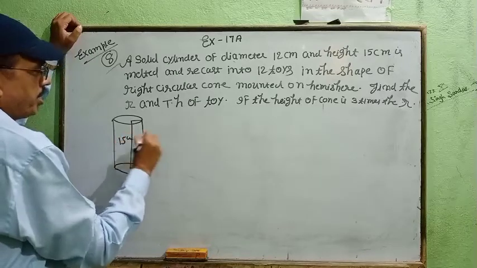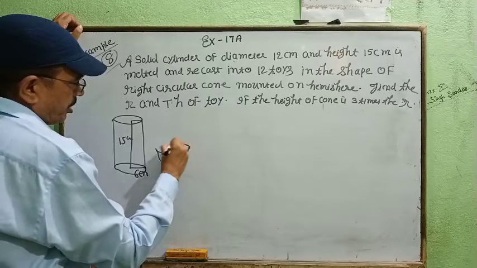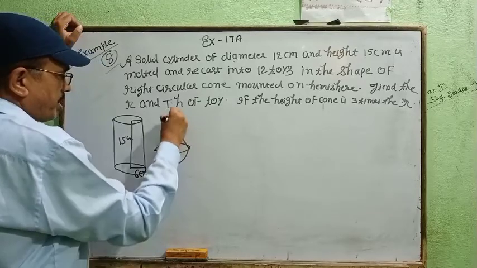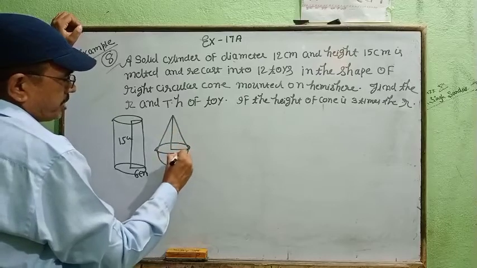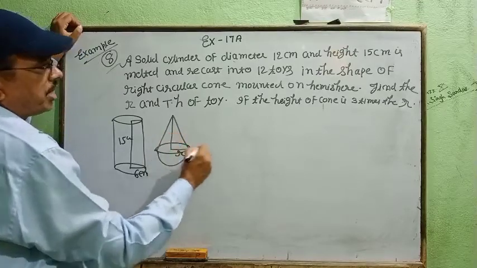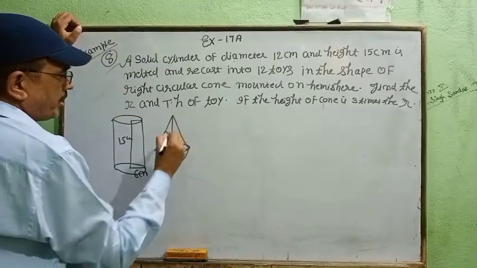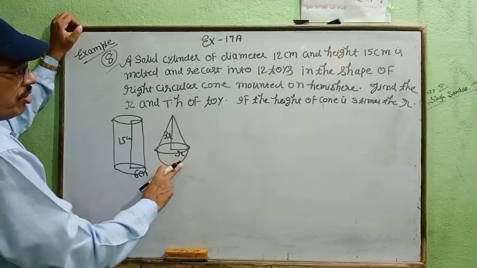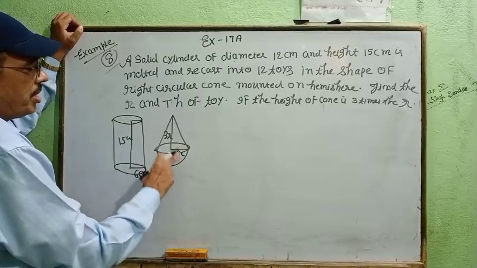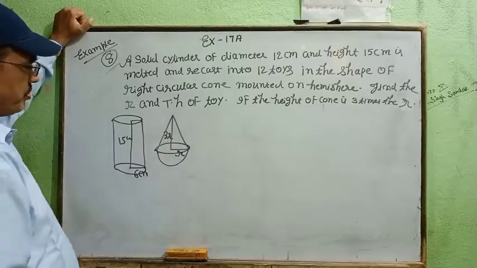It is melted and recast into a toy, a hemisphere with a cone mounted on it, and the height of the cone is 3 times the radius, that is 3r. Your question: what is the radius of this hemisphere and the cone, and what is the total height of this toy?